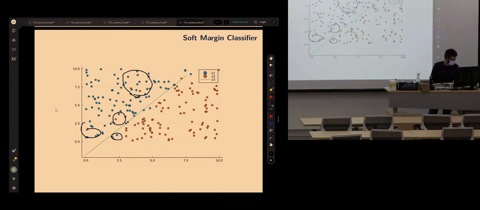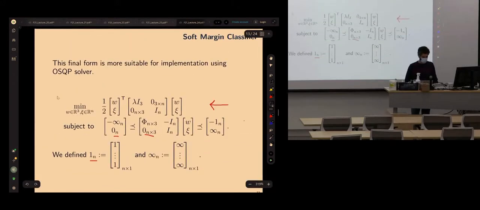Oh, yeah. Can you go over the OSQP solver one more time? I think I had the hyperlink somewhere.